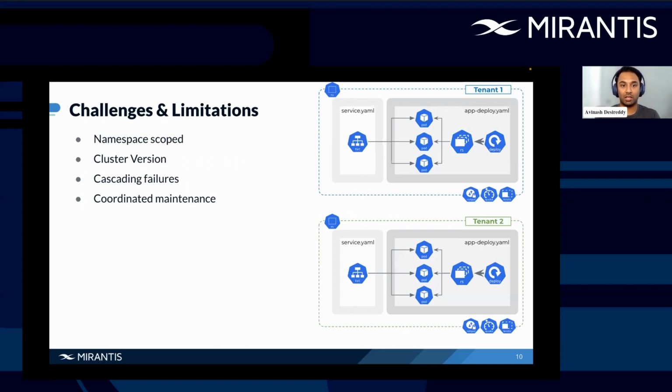For example, CRDs, cluster roles, and cluster role bindings are not namespace scoped. That means those resources do not live in a specific namespace. So how can we achieve multi-tenancy around those cluster scoped objects?